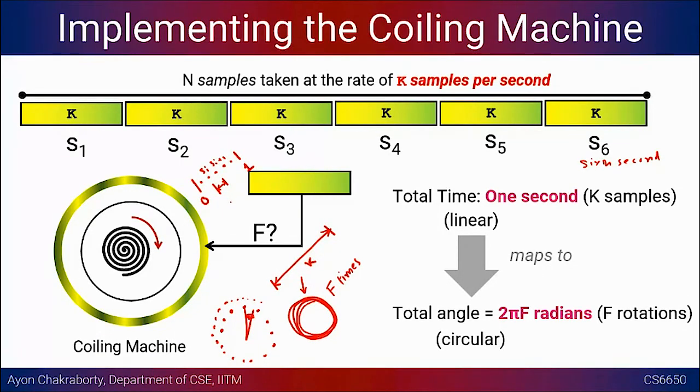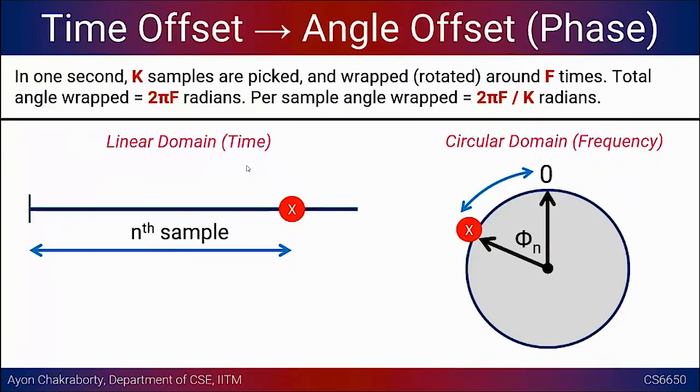There are k spacings in this 1 second interval. Similarly, in the 2 pi f case, we are spanning the total angle of 2 pi f radians and dividing it into k samples. So the per sample angle that will be wrapped is 2 pi f divided by k.